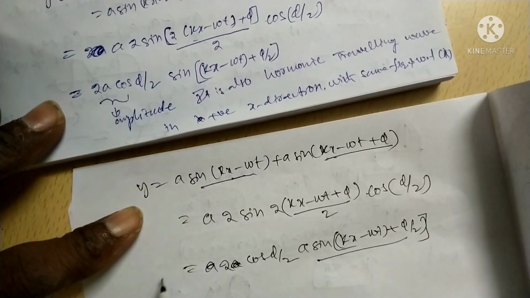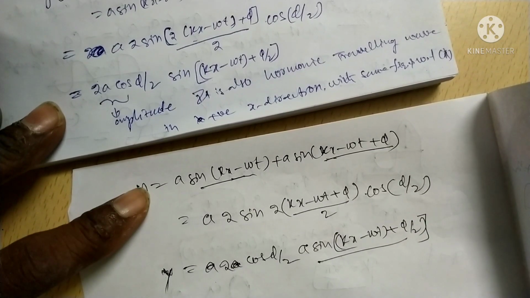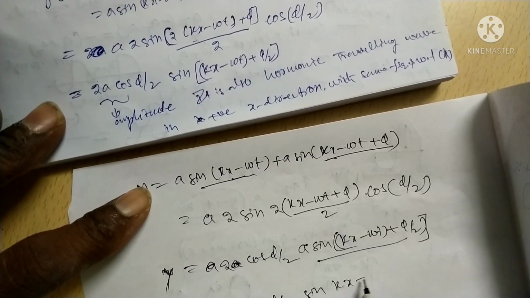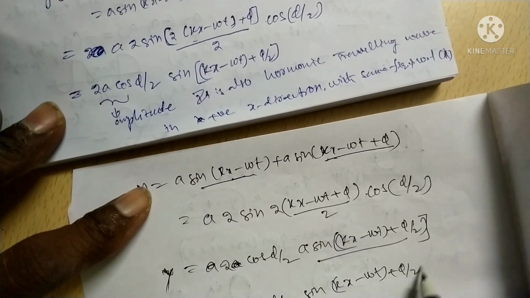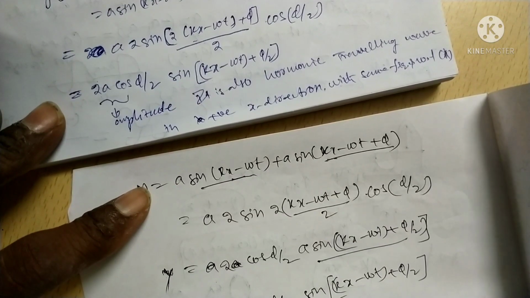This is the amplitude and displacement of the superposition of the two waves. The resultant displacement is y equals 2a cos(phi/2) sin(kx minus omega t plus phi/2). This is the resultant displacement of the two waves, and this term is the amplitude.